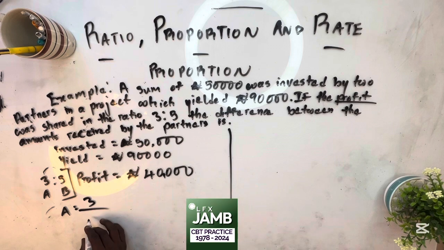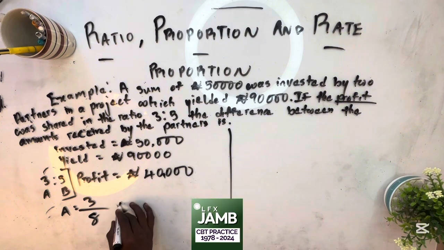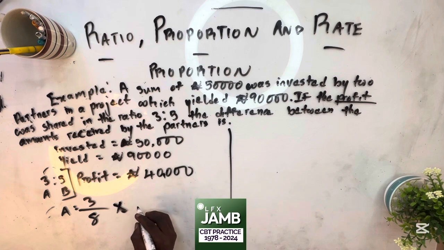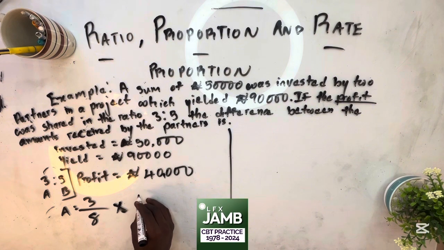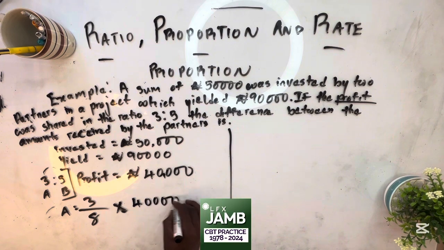He had 3 over the total of 8 times the total of 40,000, which will give his allocation.